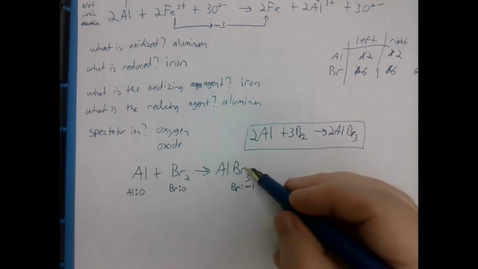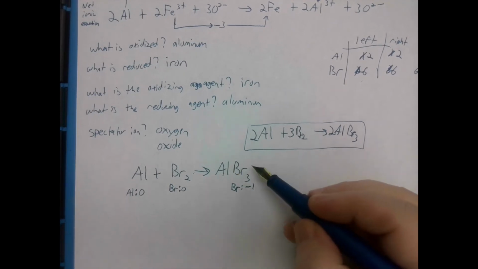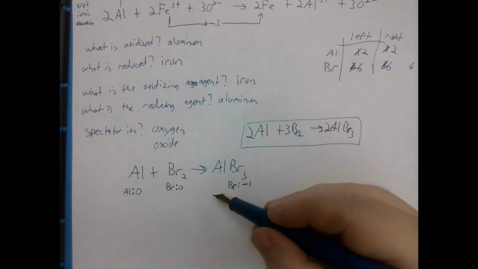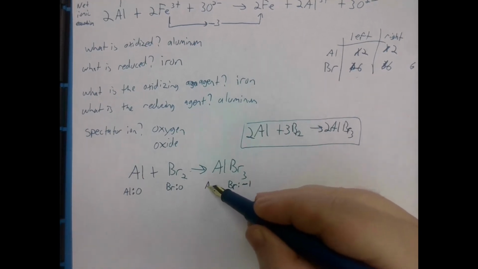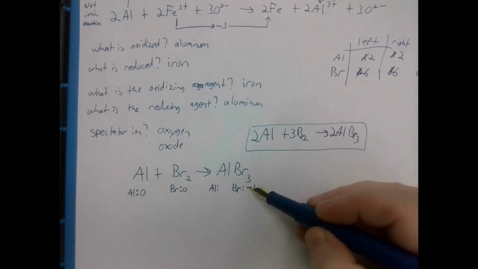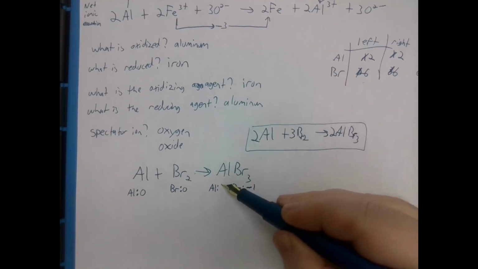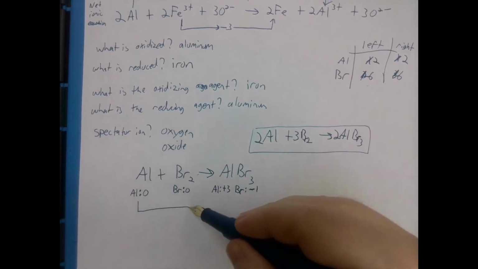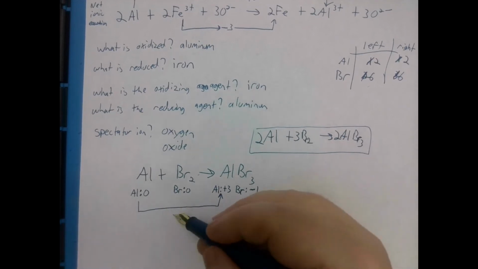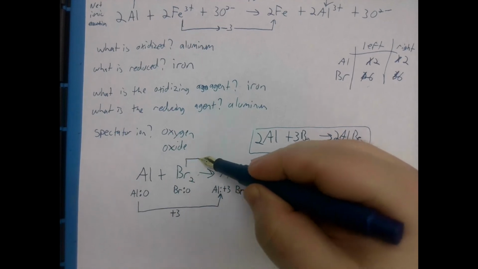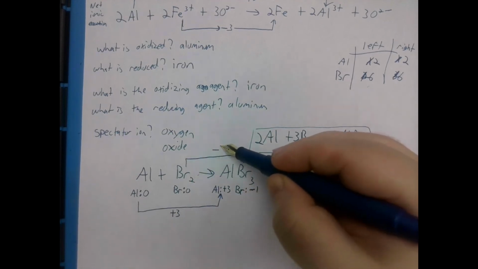And this is a neutral compound. So what must aluminum be to make this neutral? We have 3 times -1. So this means aluminum must be +3. Make sense? So aluminum is gaining +3. And bromine is losing 1.